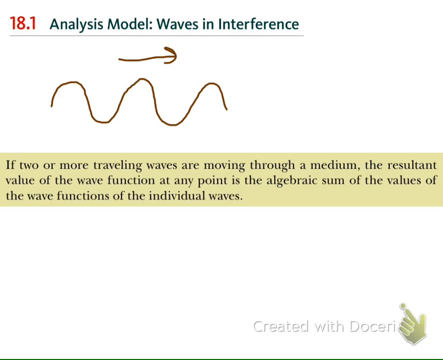if you have a wave traveling in a medium like this, and also you have another wave traveling in the medium like this too. The medium will oscillate according to the disturbance of the wave.